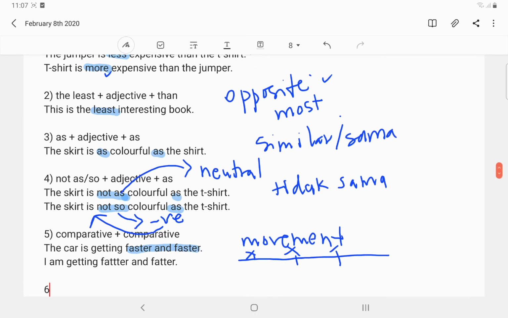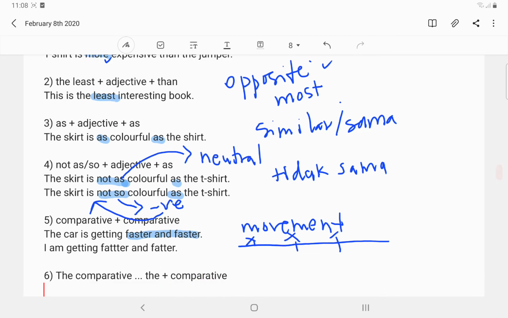Moving on to the last one. So tadi kita ada comparative, sekarang kita ada the comparative and then the comparative lagi sekali. Banyak comparative ni. Contohnya, the more you study, the more you learn. Yang ni yang basic.